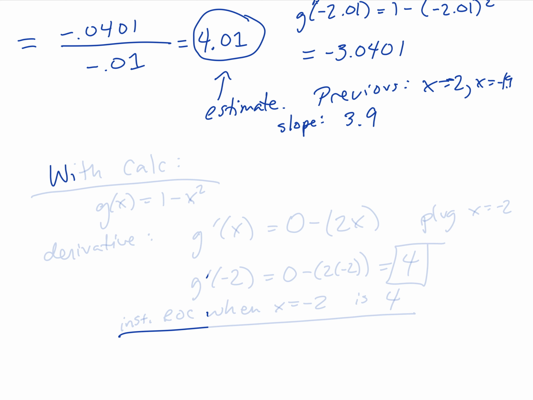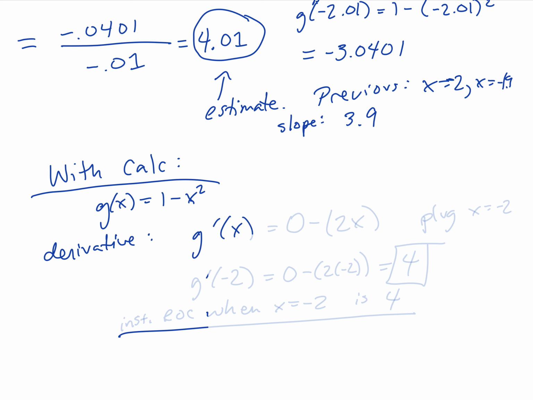So with calc, and if you haven't had calc before, don't worry, we are going to learn this, but we haven't done it yet. If you had calculus before, then this is just a quick review. We know that if we're looking at the instantaneous rate of change for g of x is 1 minus x squared, then we can take the derivative of g of x.